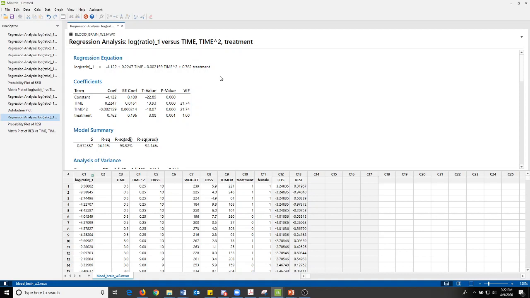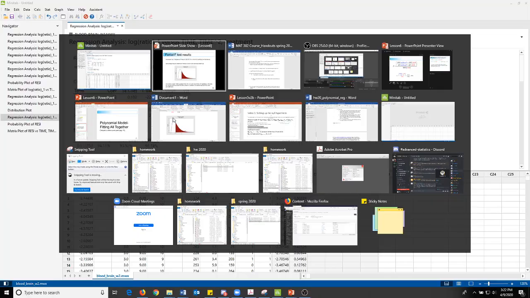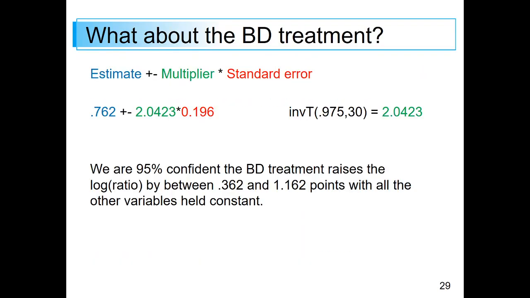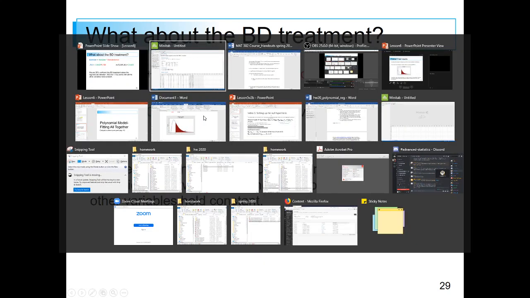Now, what can we conclude about the BD treatment? Well, in this case, we look at the coefficient, 0.762, and the p-value is 0.01. So we should say that the treatment does make a difference in the log ratio. As a matter of fact, I went ahead and calculated the confidence interval. Remember, you take your estimate plus or minus your multiplier times the standard error. My degrees of freedom is 30, my estimate was 0.762, and my standard error is 0.196.